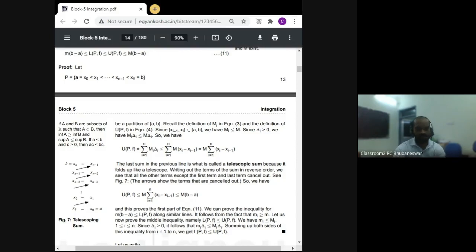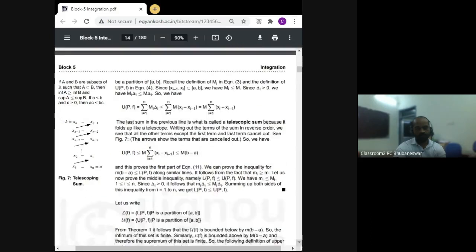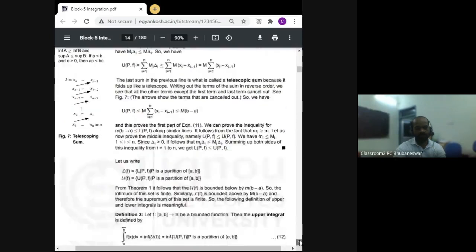This is also called a telescopic sum because it folds up like a telescope. Finally, it is the length of the interval, so it can be represented by b minus a. In this way, we can prove the other result for the lower Darboux sum as well.